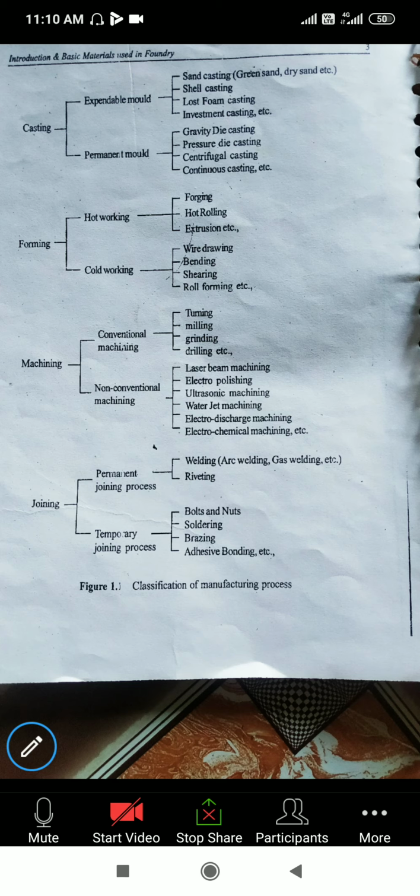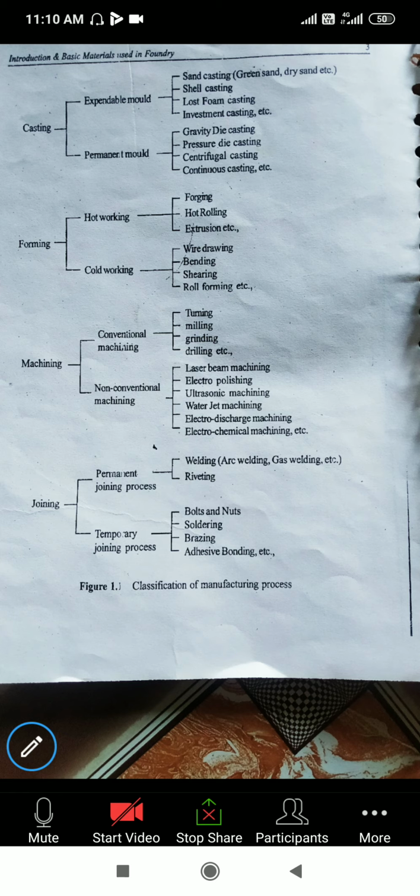Then the hot workpiece is subjected to heavy hammer blows, and the shape of the workpiece is changed as per the dimensions required for the finished product. So this is forging, and now we will go through the hot rolling.